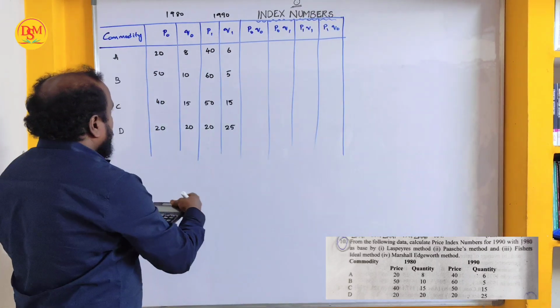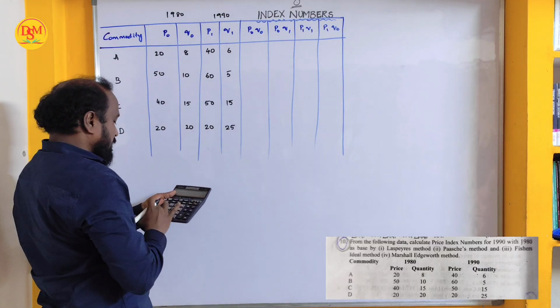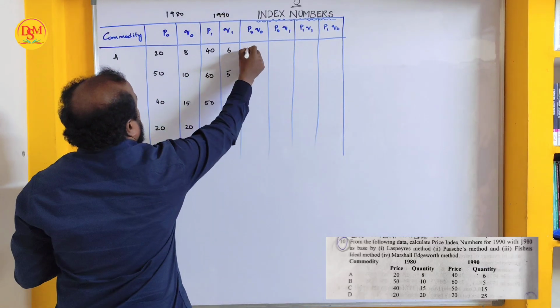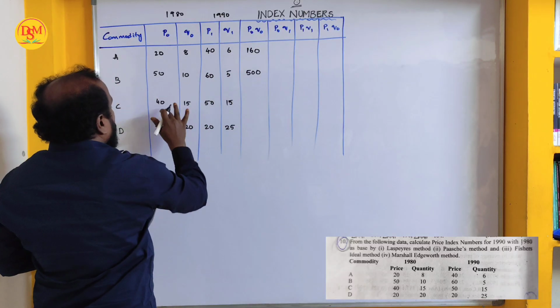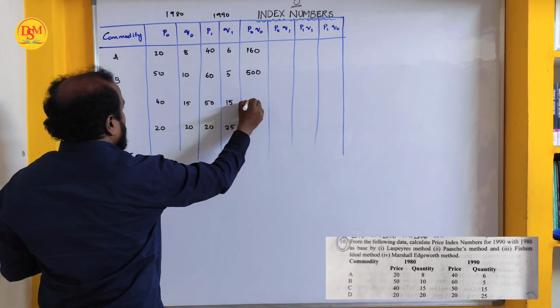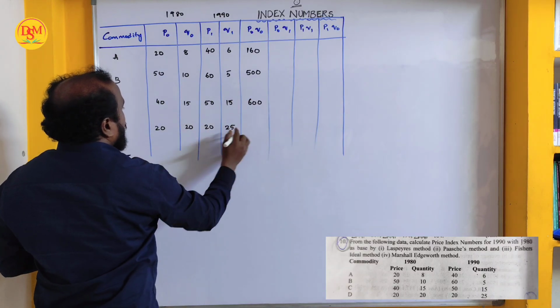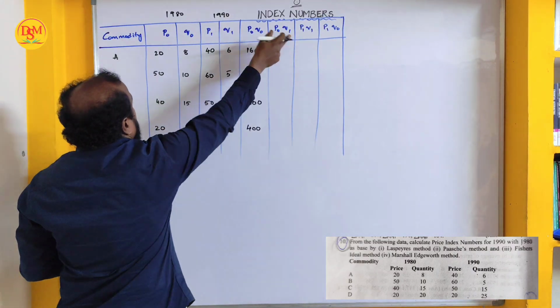So here let's multiply it. Let's start with the first one, P0 Q0: 20 into 8, so here is 160. 50 into 10, 500. 40 into 15, 600. 20 into 20, 400. Next P0 Q1.